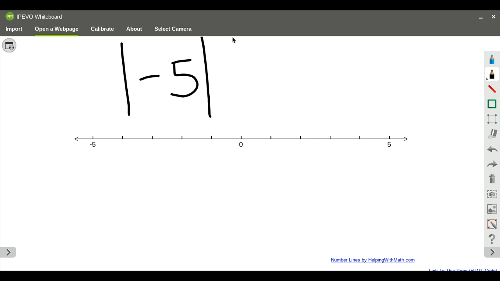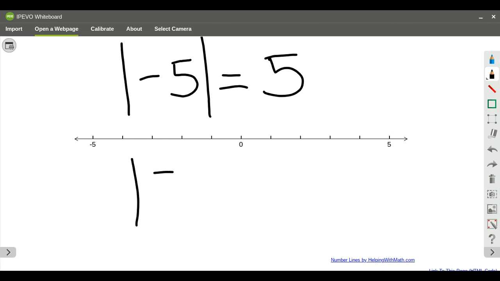So the absolute value of -5 is how far the number is from zero. Well, again, distance is always positive. So I go to my number line, I count and see how far away -5 is from 0. If I count, it's 1, 2, 3, 4, 5. So my distance is 5. So the absolute value of -5 is 5.